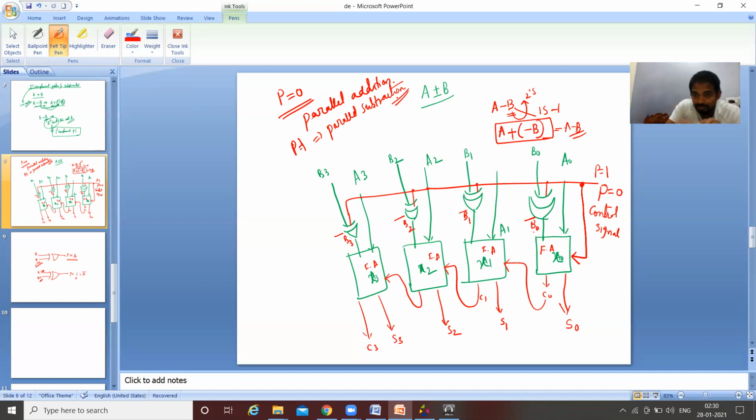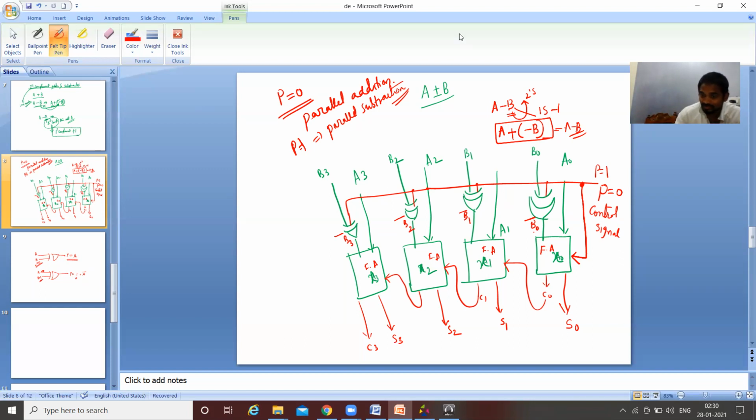Whereas when P is equal to 1, the individual exclusive OR gates act like inverters, so the digital number B is converted into its one's complement number. And to this one's complement number, we have to add 1 to the LSB.